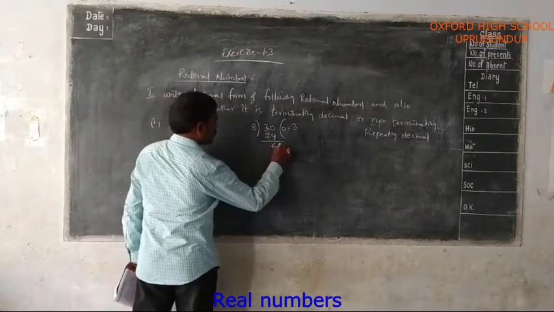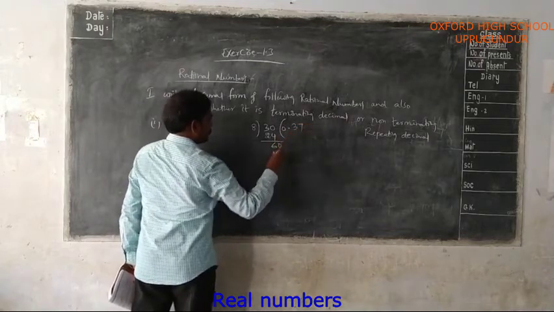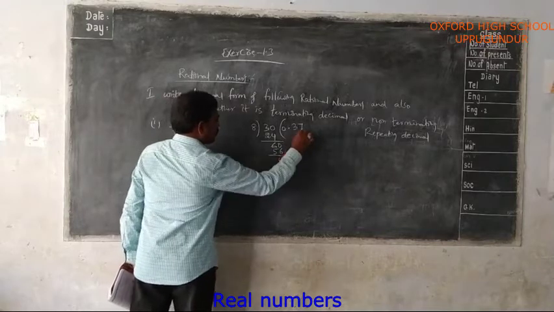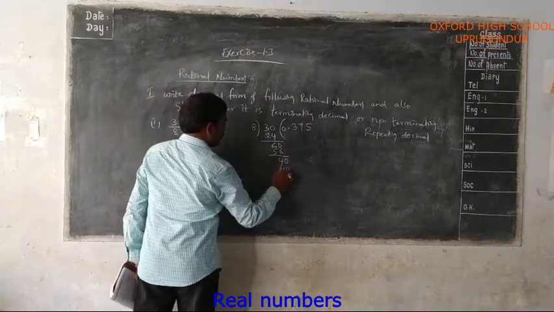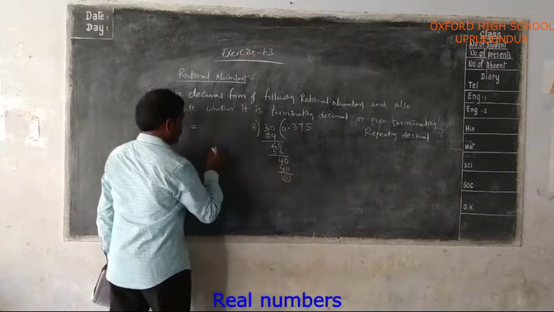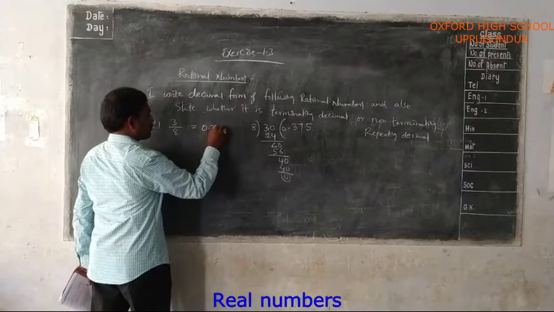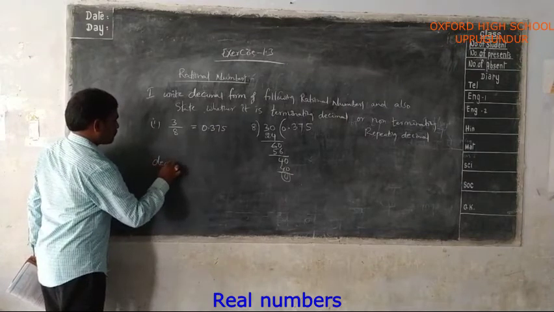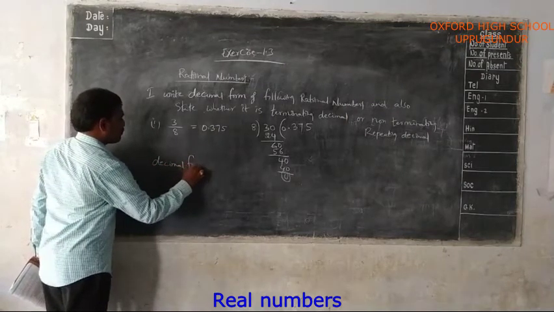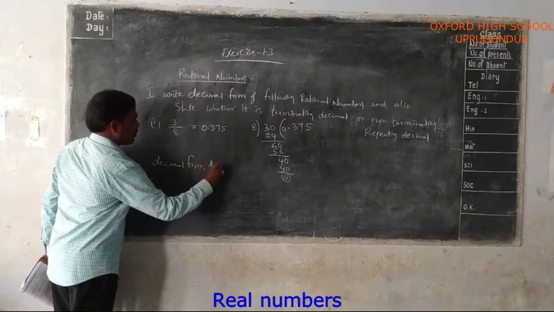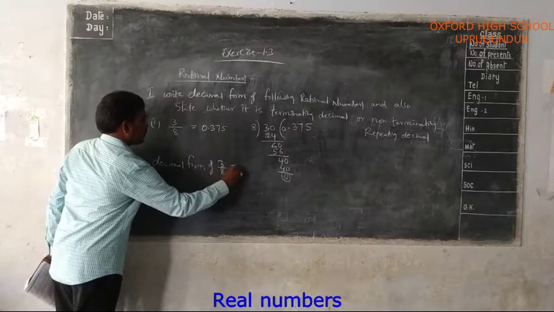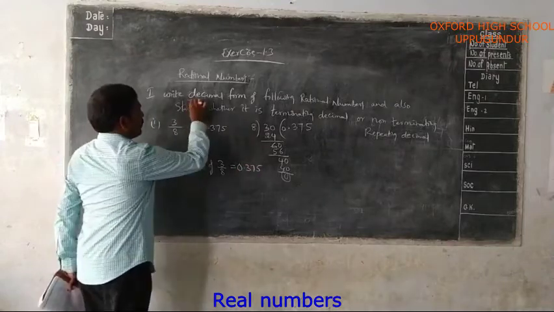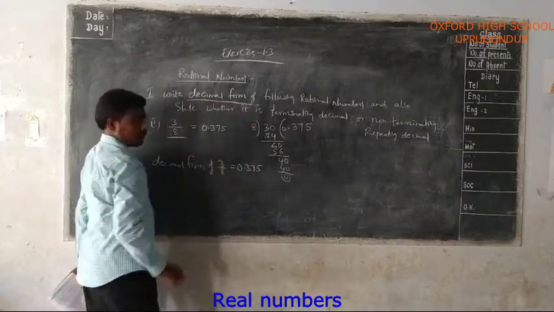Again 0. 8 sevens are 56, 4, 0. 8 fives are 40, remainder is 0. So 0.375. So decimal form of 3 by 8 is equal to 0.375.